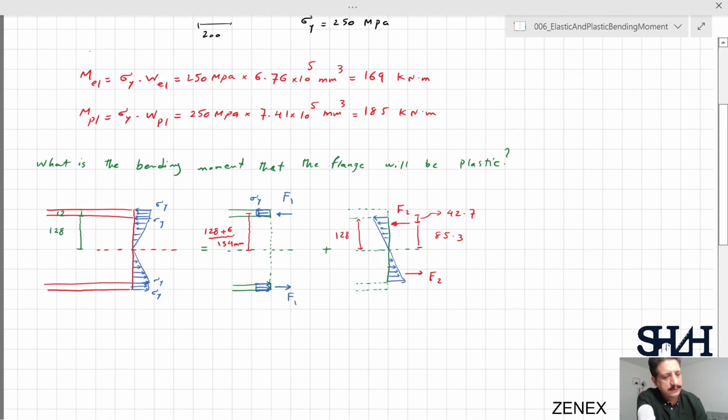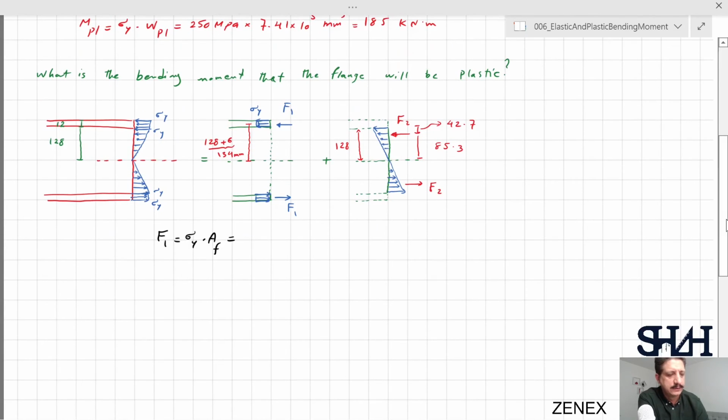Now I can calculate F1: sigma y times area of the flange, because the entire flange is now plastic. So sigma y is 250 megapascal and area of the flange is 200 times 12 millimeter. 250 times 200 times 12, so it is 600 kilonewton.